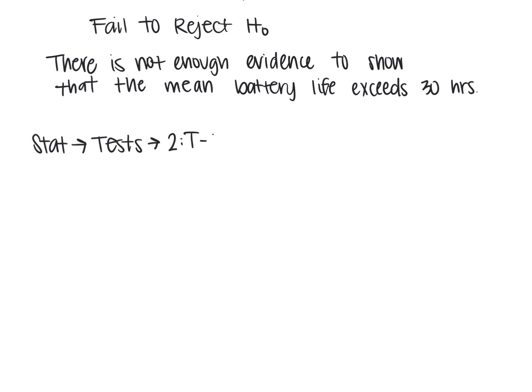Number 1 is z-test, but in this case we want a t-test, which is number 2. Then you have to decide between data or stats. Data means you've plugged something into the list feature of your calculator, which we didn't do here, so we want stats. Then you'll plug in your mu naught, which in this case is 30.